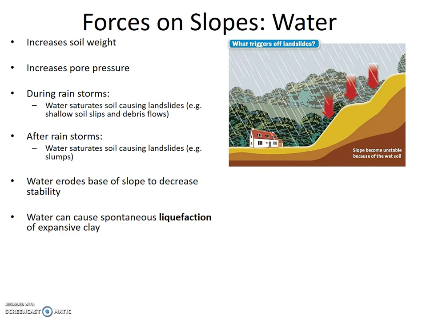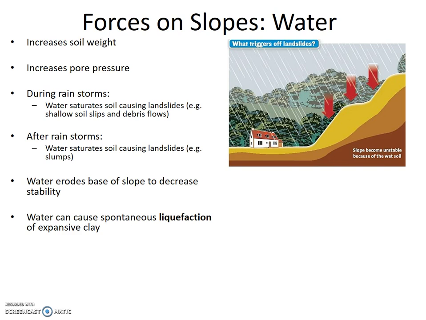After rainstorms, water continues to saturate the soil, causing landslides, e.g. slumps. Flowing water can also erode the base of slopes to decrease stability. We know all about that, so important toe. Water can cause spontaneous liquefaction of some clay and other fine-grained sediments, which provides a wonderful zone of weakness for a slip lane.